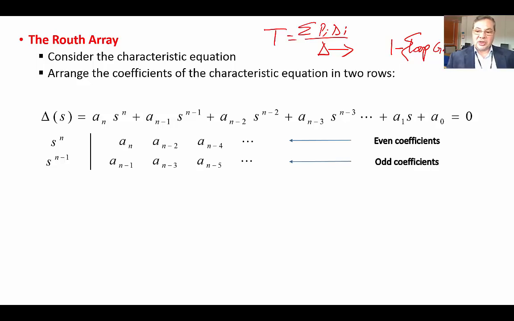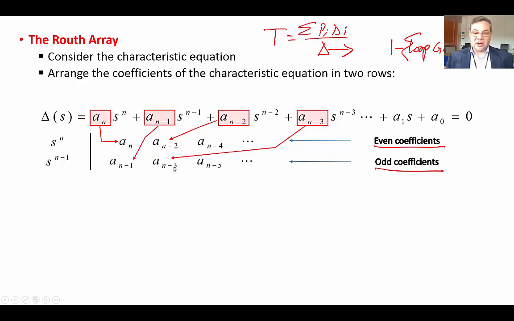Then we arrange the characteristic equation with the even coefficients in the first row and the odd coefficients in the second row, as demonstrated here. So I start with an, an minus 2, and so on in the top row, and an minus 1, an minus 3, an minus 5 in the second row.